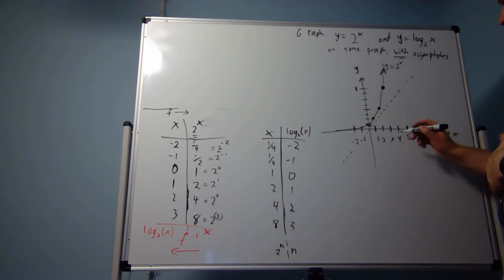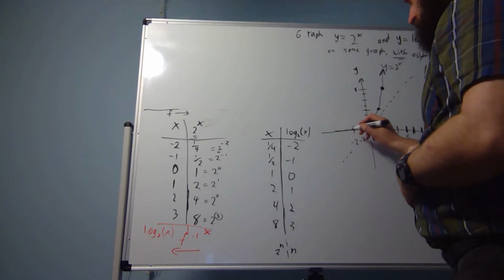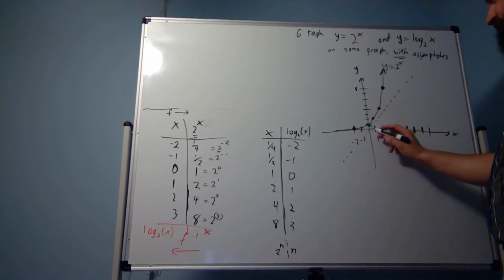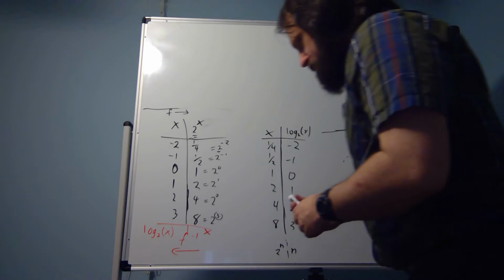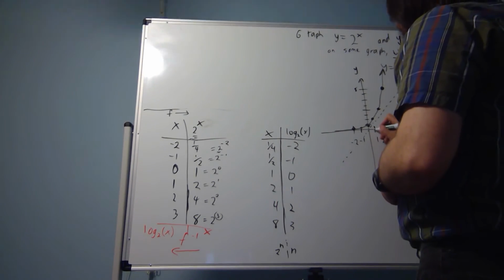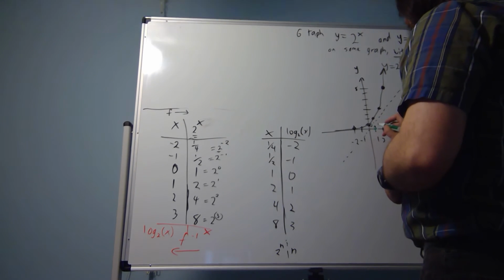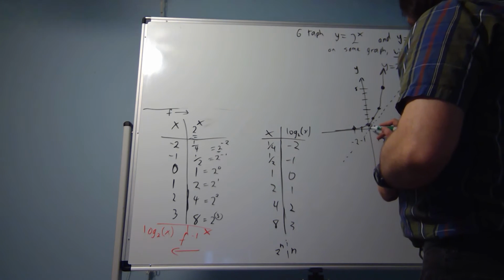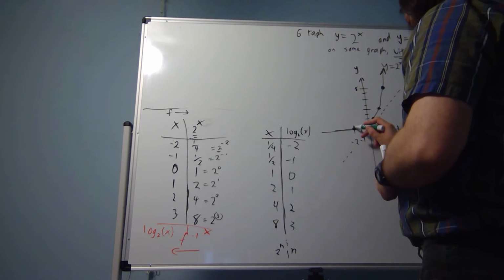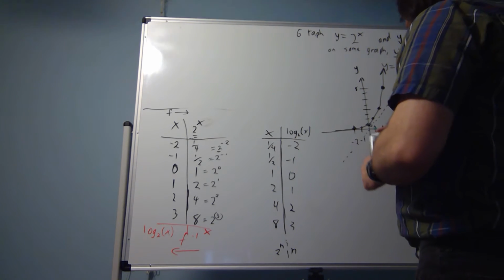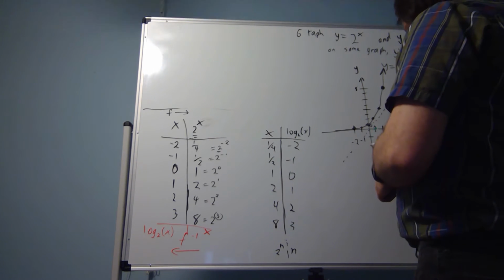And then that's 2 to the x. It's these numbers here, and then mirror image. So 0, 1 becomes 1, 0. And then -2, 1/4 becomes 1/4, -2, which is down here.